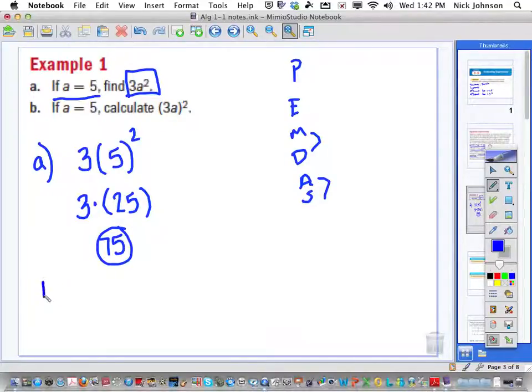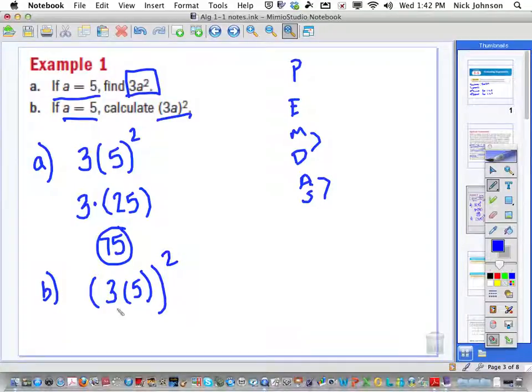So let's look at B. Kind of the same process, but a different problem. This is the expression. I'm still putting 5 in for A. So, parentheses, 3 times A. What's my A? My A is 5. Then they want us to square that.